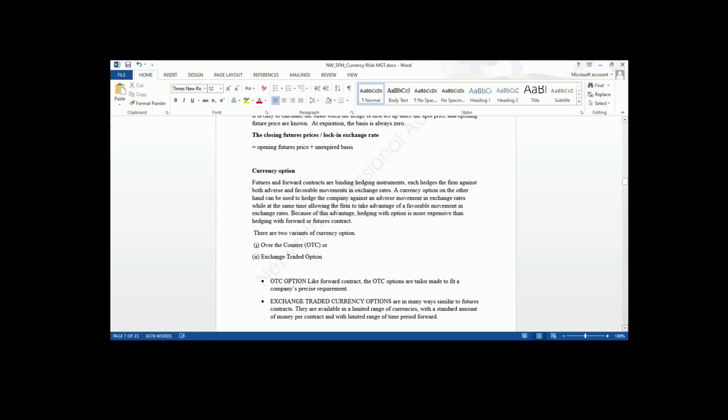Say I want to hedge with currency options. A currency option is a right to buy or sell foreign currency at a specified exchange rate.